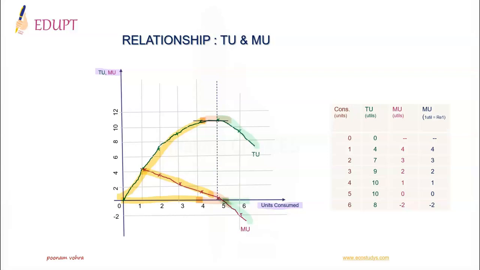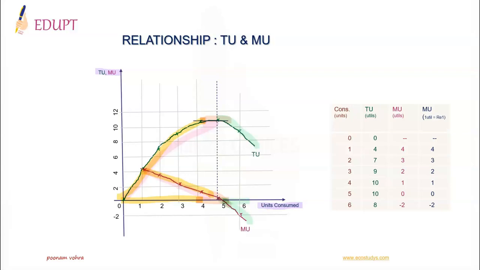So the relationship that can be established is that as long as marginal utility is positive, total utility increases. When marginal utility falls, total utility increases at a diminishing rate, that is from 1 till 4 units.